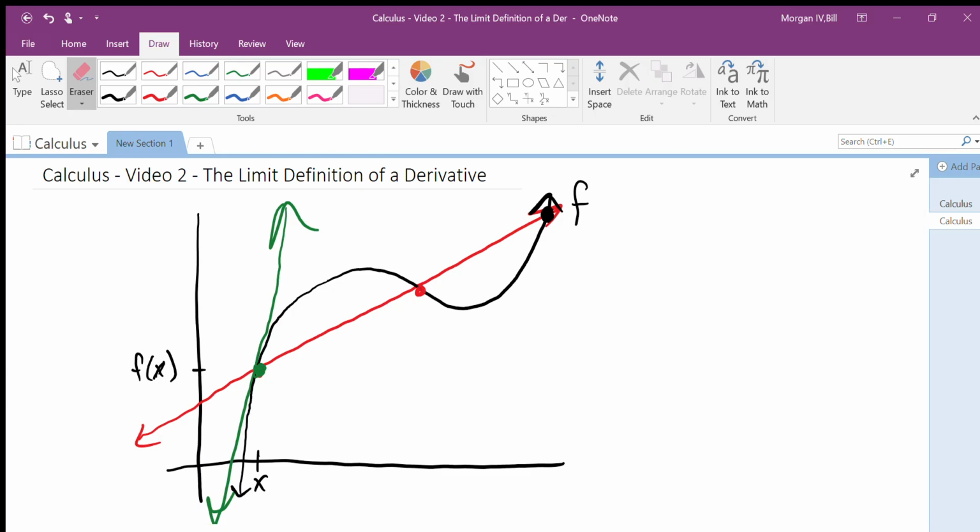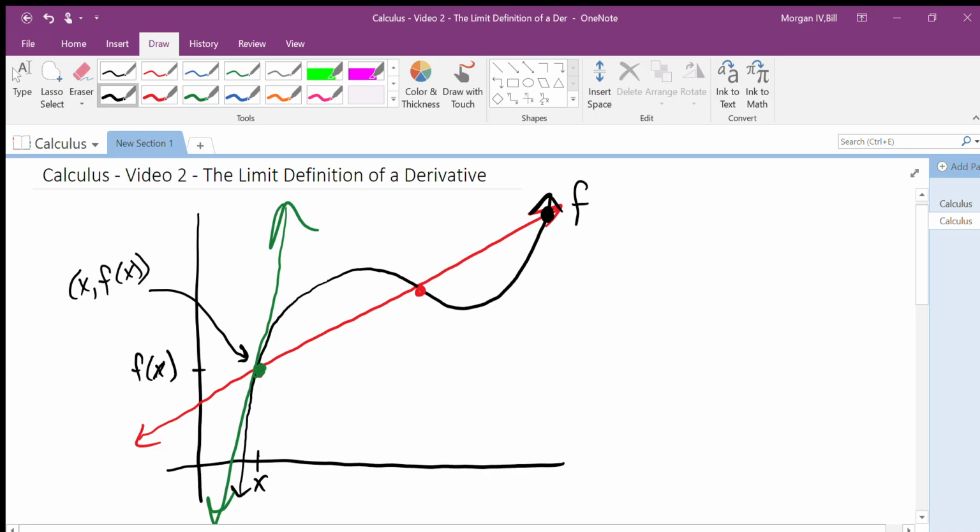So for example, I have this secant line here in red. If I put some variables down here, I've already called this x, this point that's green on the left-hand side, the left-hand point, x value, and its y value would then be the function value at x, or f of x. So let me label this here. This is the point x, f of x.